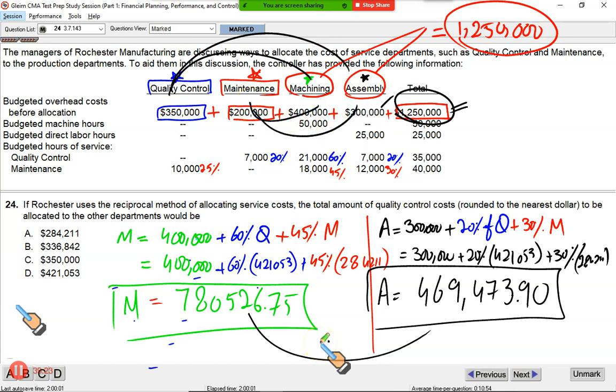It's going to be 780,526.75 plus 469,473.9. Alhamdulillah, it is 1,250,000.65, which means that we have been successfully able to transfer the quality control and maintenance cost under the reciprocal method into machining and assembly, and it gives us the same amount as shown here.